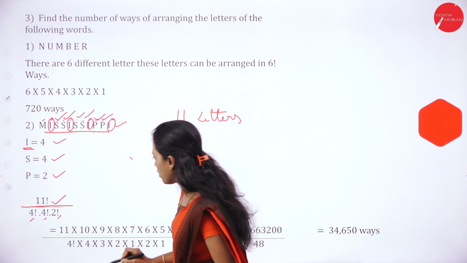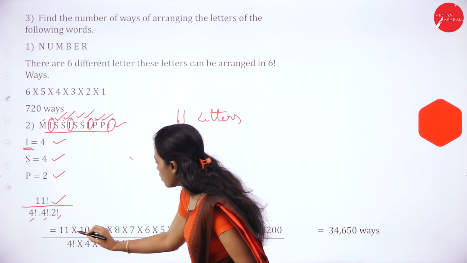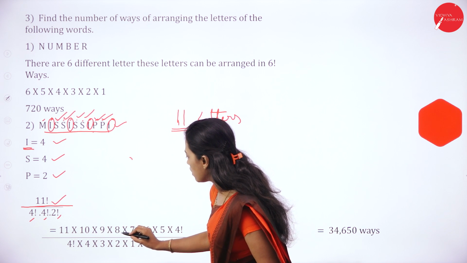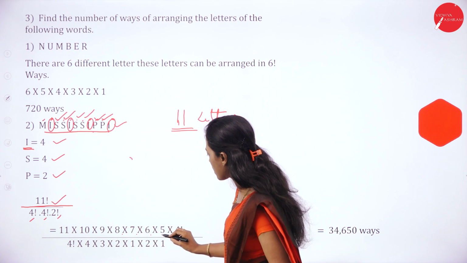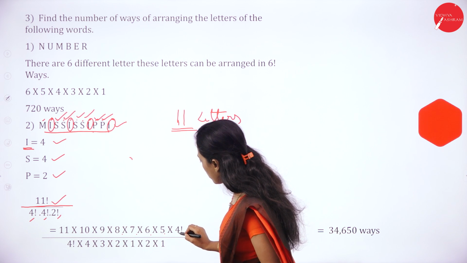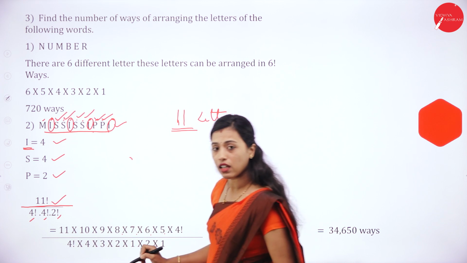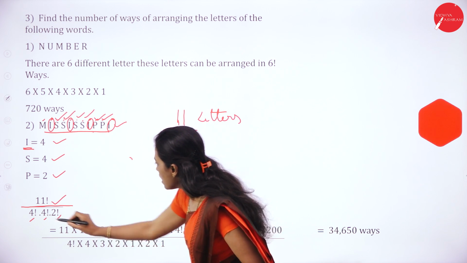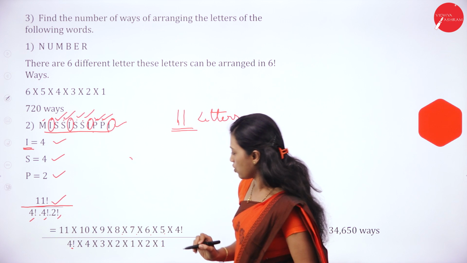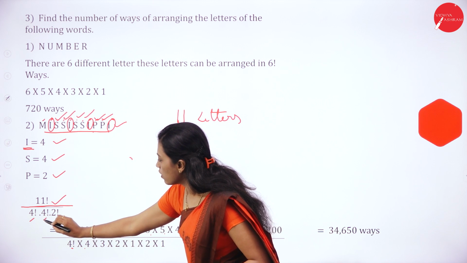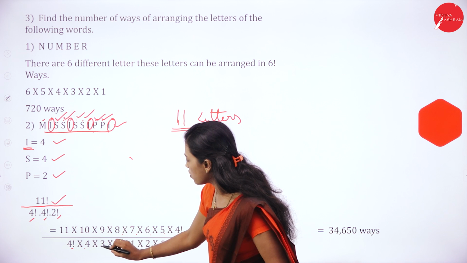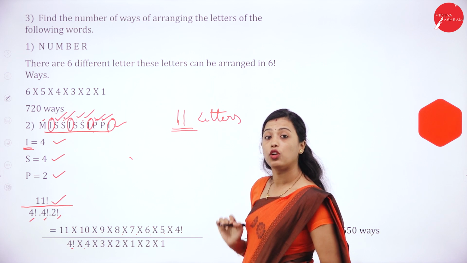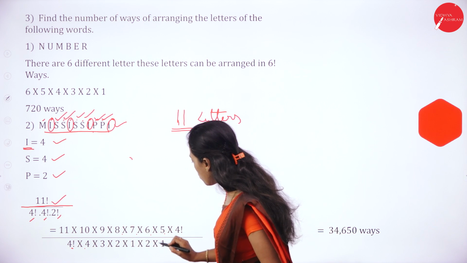So 11 factorial means 11 into 10 into 9 into 8 into 7 into 6 into 5 into 4 factorial, because in the denominator you have 4 factorial. So next 4 factorial, here 4 factorial means 4 into 3 into 2 into 1. Then 2 factorial is 2 into 1.